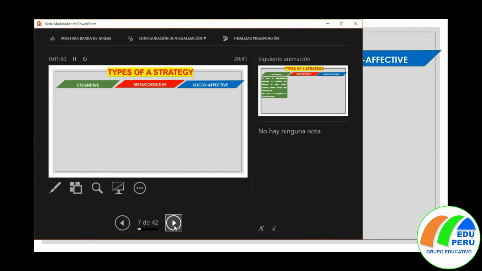Let's start with the first one, cognitive strategy. What is a cognitive strategy? Cognition, it refers to cognition, learning. Could be all that involves our brain, our memory. Yes, you're right, that's good, Vanessa.